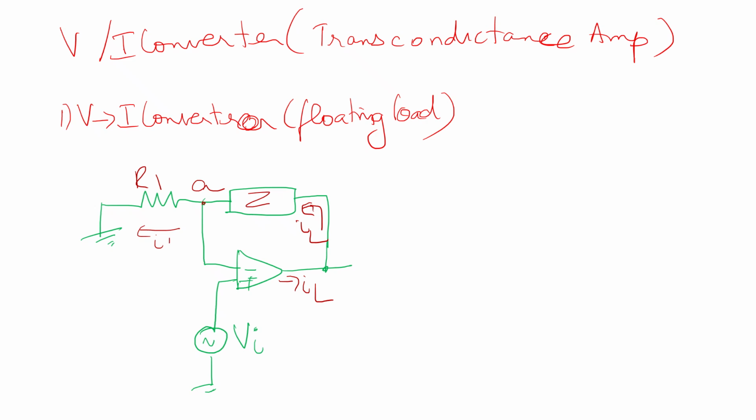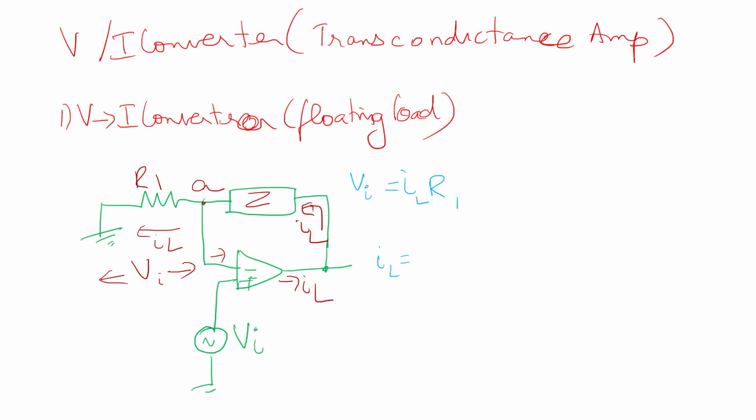Hence, IL will be flowing through this. VI is the input voltage. IB current is approximately 0. Now, for this circuit, VI is equal to IL into R1, as the bias current is equal to 0.